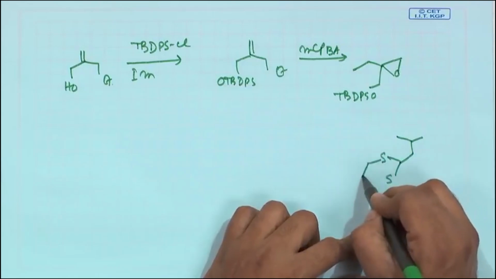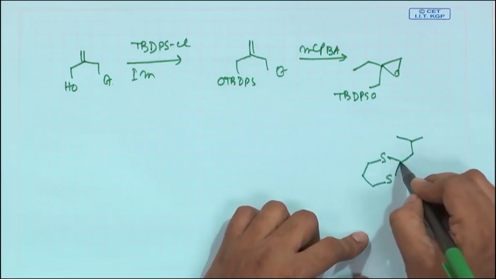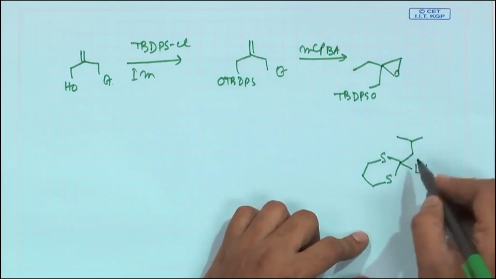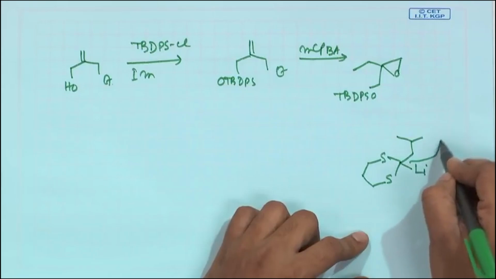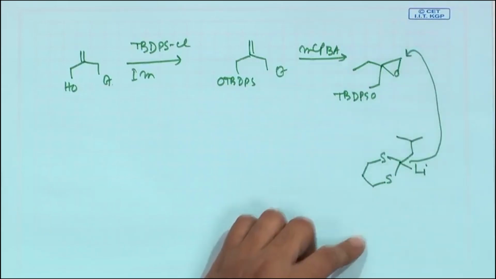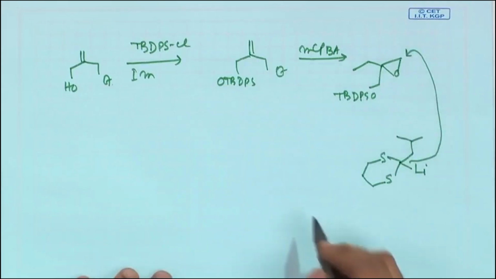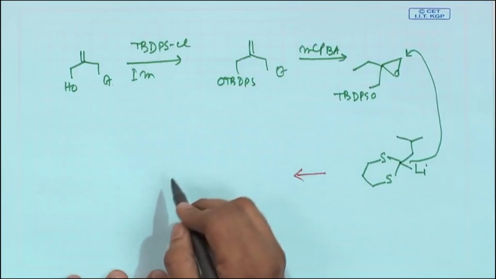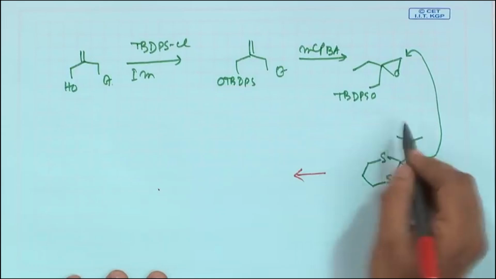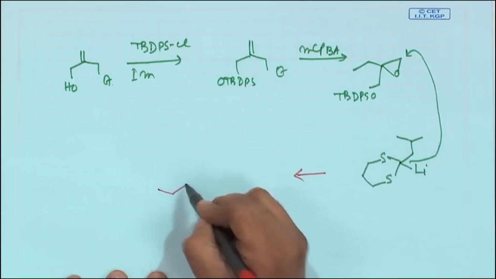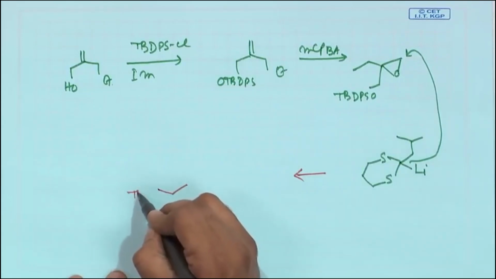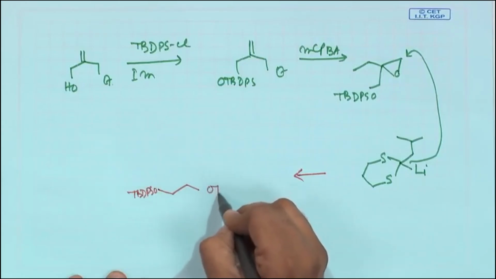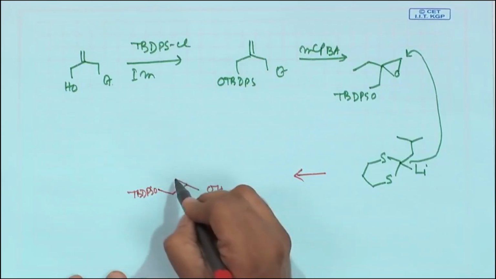It has this 1,3-dithiane moiety. We pick up the hydrogen by a base and put a lithium, meaning a negative charge. This negative charge now attacks this epoxide from the sterically less hindered site. The epoxide will be opened up, and you get this TBDPS there, you have this OH which has been generated, you have this ethyl.